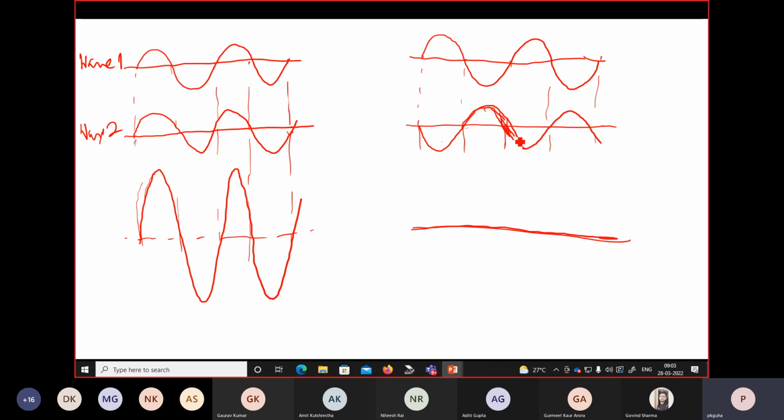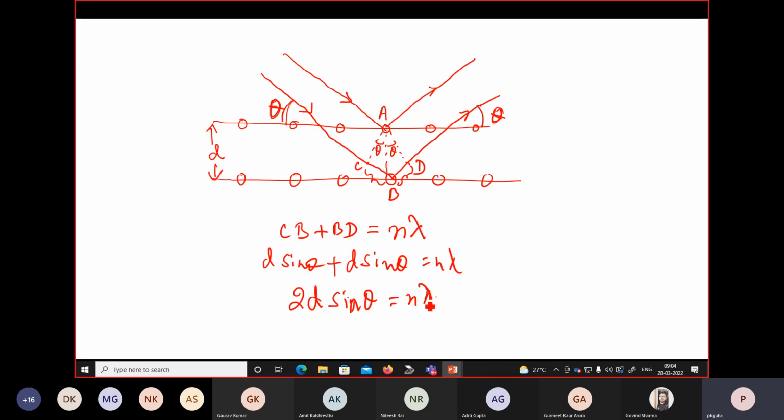But if the amplitude is different, the one with higher amplitude will give a little bit. So this is destructive interference, and this is constructive. If it is n lambda, this is constructive interference.